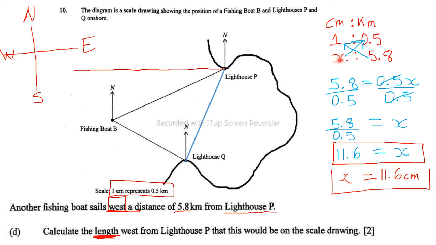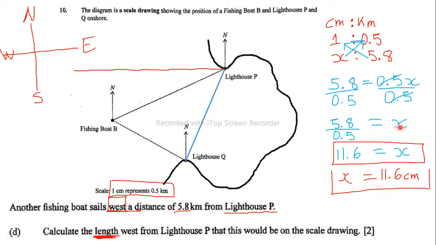Therefore what we do here, we cross multiply. We multiply the x by the 0.5, that gives us 0.5x. We multiply the 5.8 by the 1, that gives us 5.8 here. Then we try to find the value of x, so we divide both sides by 0.5. When we divide both sides by 0.5 and cancel out, we have that 5.8 divided by 0.5 is equal to x.